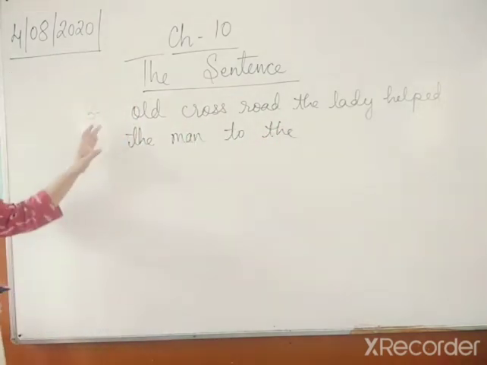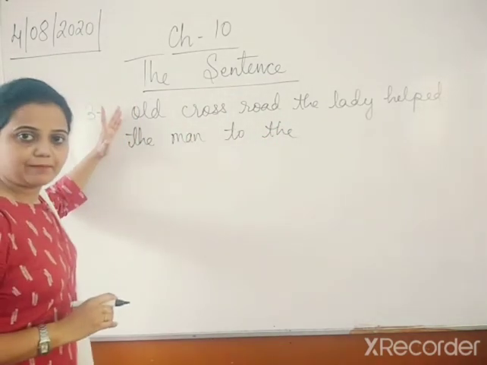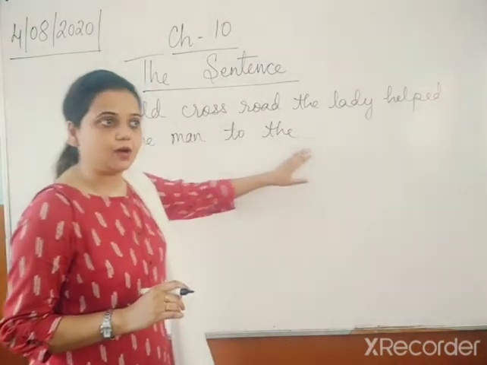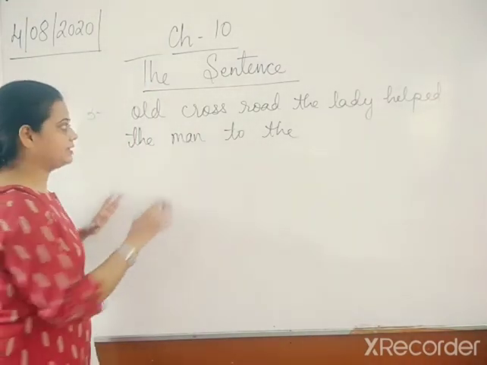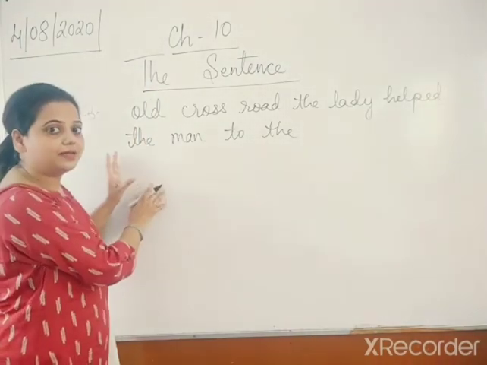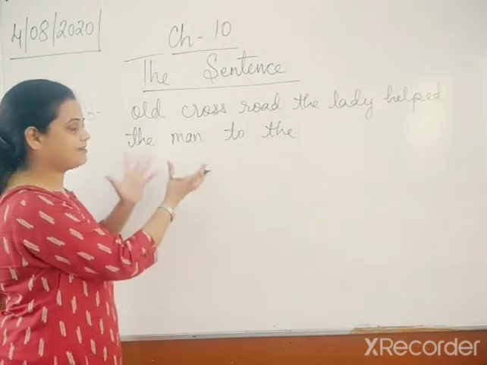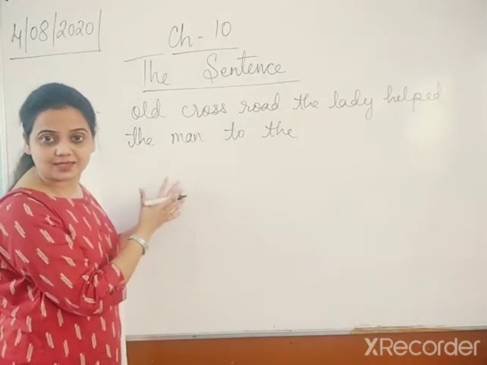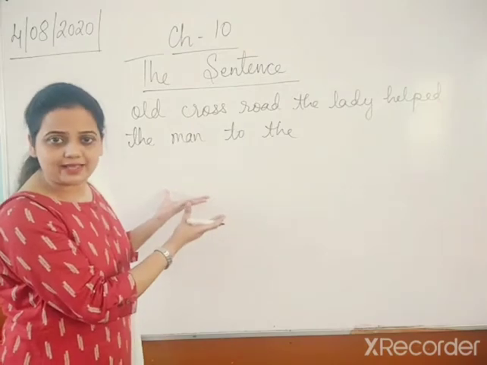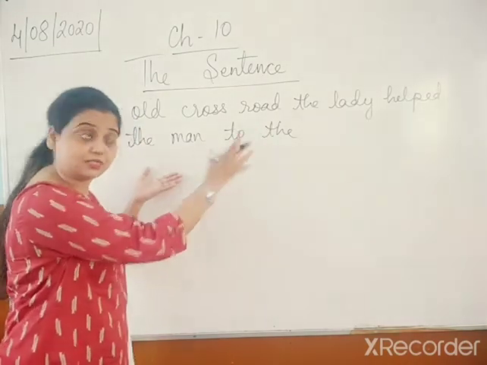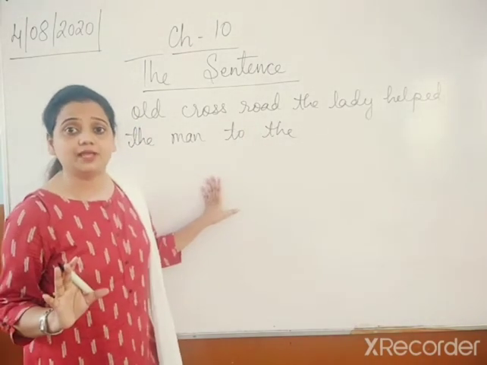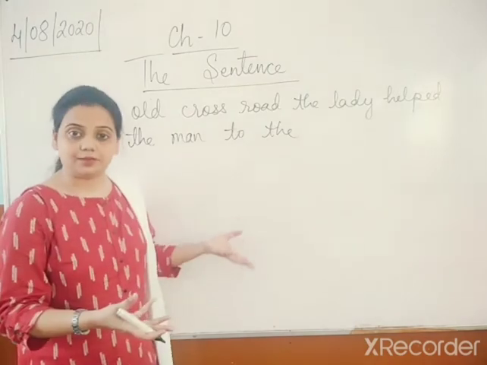Now you can see it does not begin with a capital letter, also there is no full stop, plus the very important thing is that it's a group of words, but it's not making any sense. It has no meaning at all. Though it has a group of words, that does not mean it is a sentence; it should have a meaning, right?